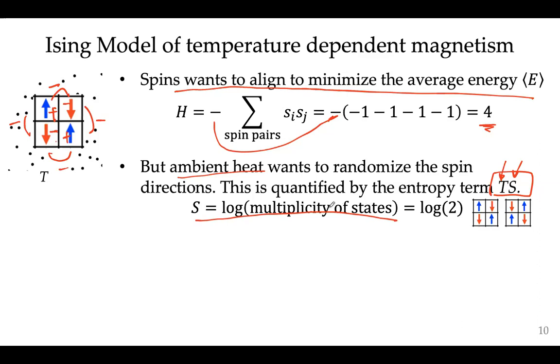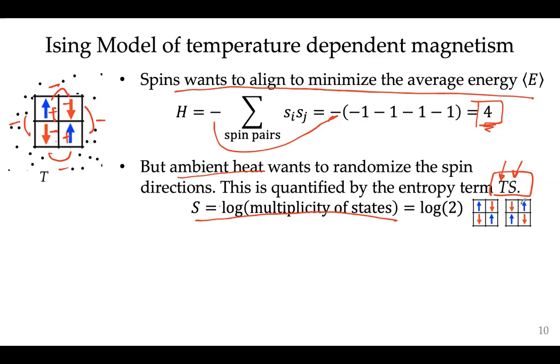The idea here is, respecting this constraint that the total energy is 4, how many different configurations can you get? One possibility is this one: up, down, down, up. The other possibility is down, up, up, down. If you calculate the energy for each of them, they are the same, 4.